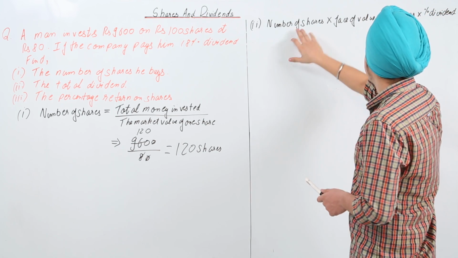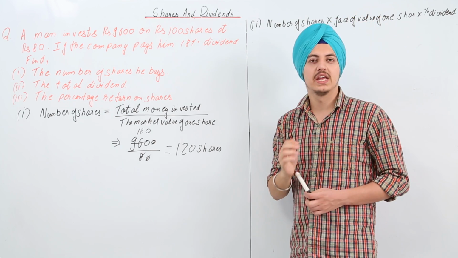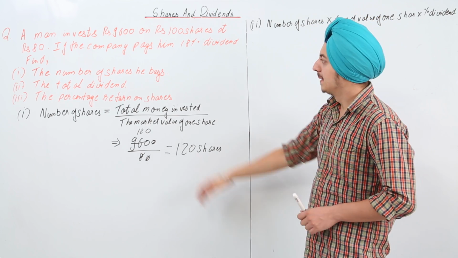The number of shares into the face value of one share into the percentage dividend will give us the total dividend.